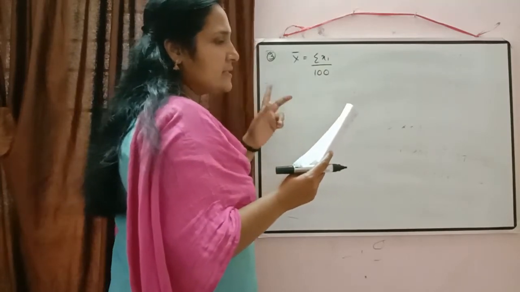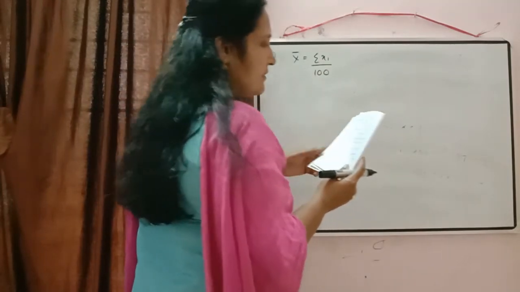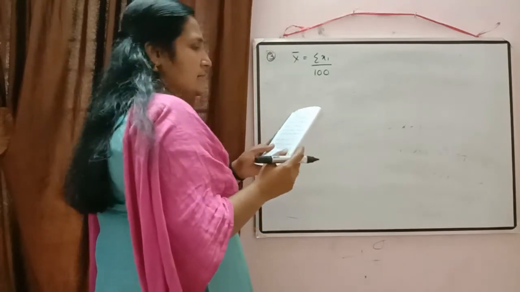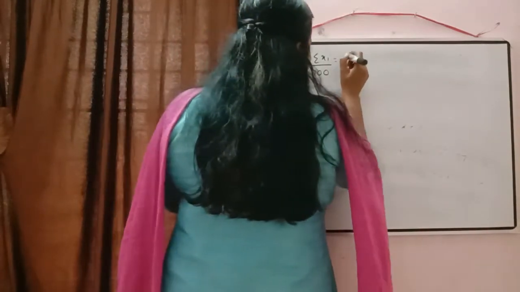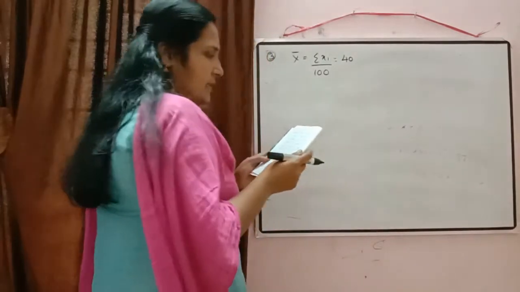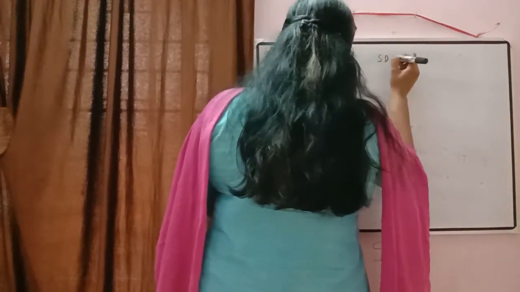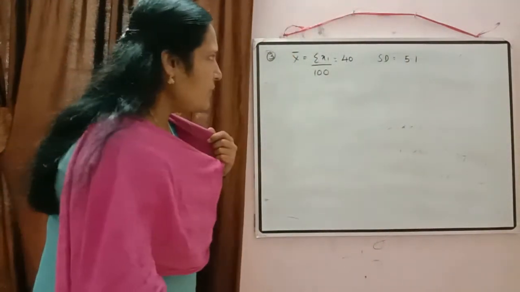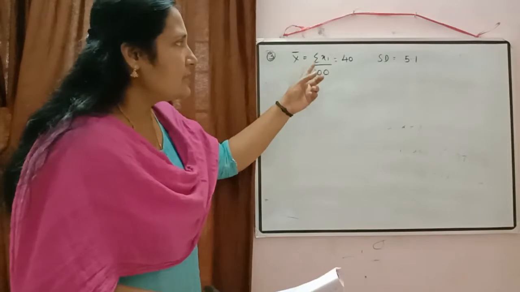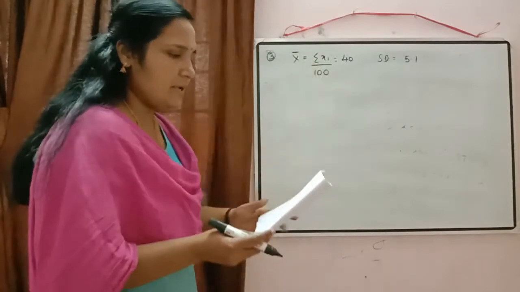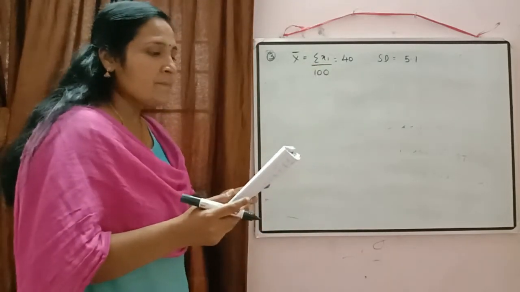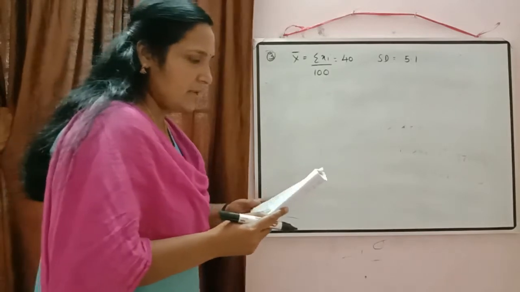So here it is given mean is equal to 40 and standard deviation is 5.1. So now here mean is given, sigma xi by 100 is equal to 40.